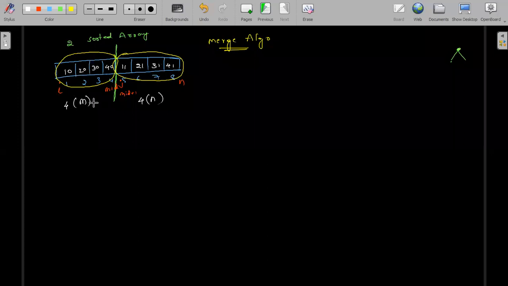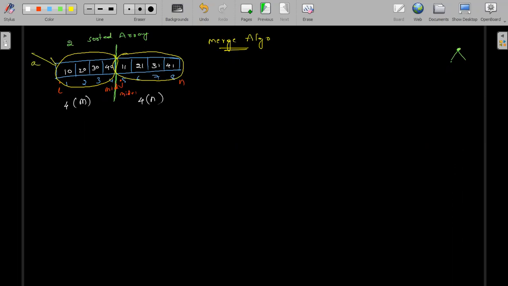We have one sorted array from this side, let's take this one as array A. Another sorted array is on this side. There are 4 elements here, and 4 elements also. I have divided this one. This is the mid. From i to mid indicates the first array. Again, mid plus 1, that is, j to n, indicates the second array. That is fine, everybody.